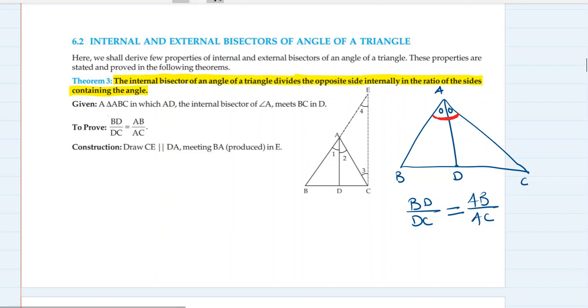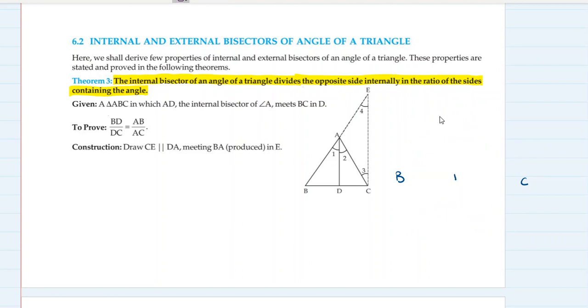For proving this, we will need to do some construction. So let's focus on the construction part. This is triangle ABC in which AD, the angle bisector of angle A, meets BC at point D, and you have to prove that BD upon DC is equal to AB upon AC.